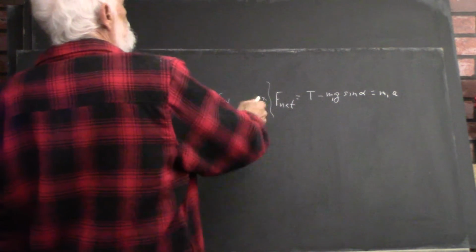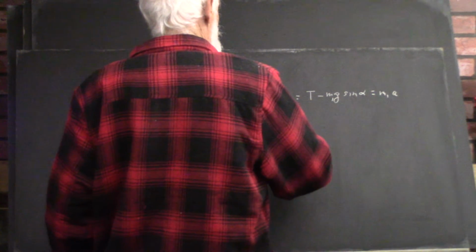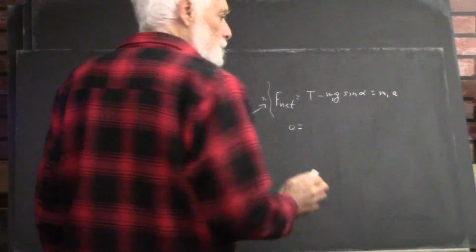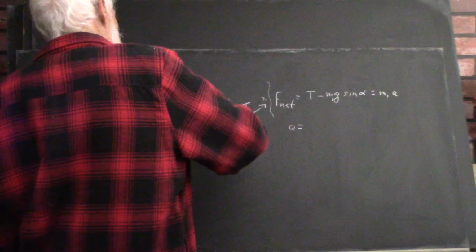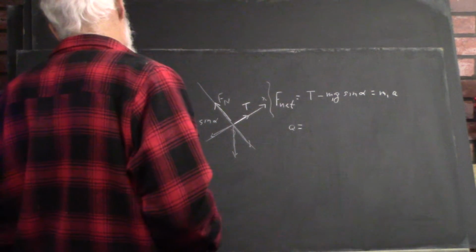Now, if I choose the positive direction here, then the acceleration is going to be opposite to the acceleration I got when I assumed positive direction was down the incline.